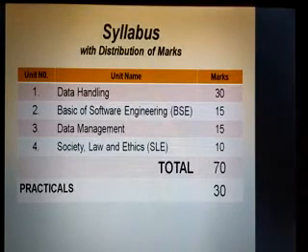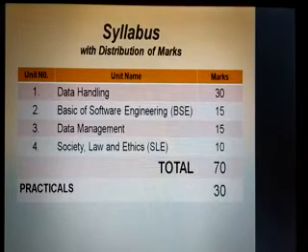The second unit is basic software engineering, containing 15 marks. This unit covers basic software concepts such as software process, modules, delivery models, agile methods, and so on.